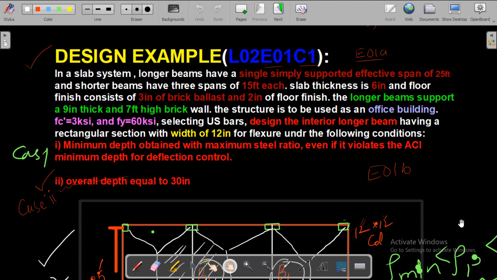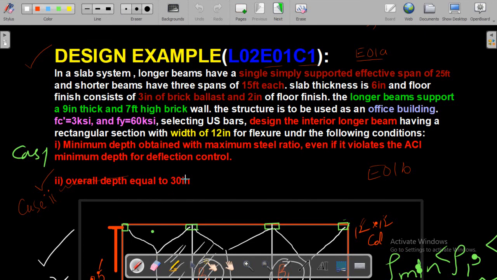Welcome back, students. As we started this design example, in lecture L02 example 01 part A we covered some portion of this example. Then in part B we covered case 1 of this example, and in part C we started case 2.